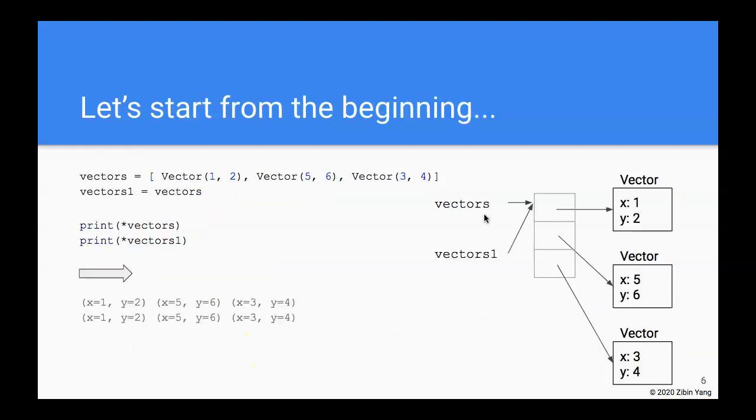To understand that, let's start from the beginning with what we knew previously about assignment. If I have a list of vectors and then I assign the list to a different name, then these two names refer to the same list.